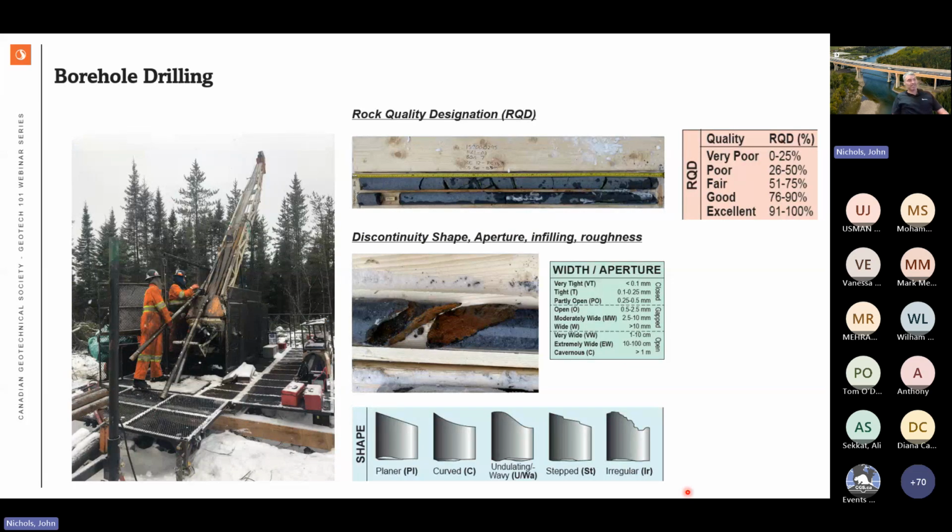Now, the borehole drilling, it's still critical. It's still used. And if you have any people who don't do much rock mechanics or rock engineering, you're probably aware of the RQD. That's a pretty basic term, but it's a very great measure of the rock quality. We need to make sure when we do borehole drilling that we use good techniques like triple tube.